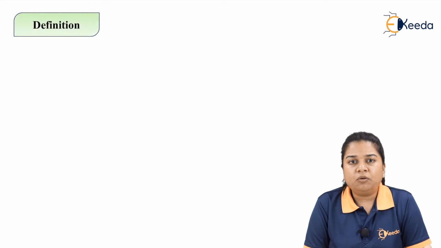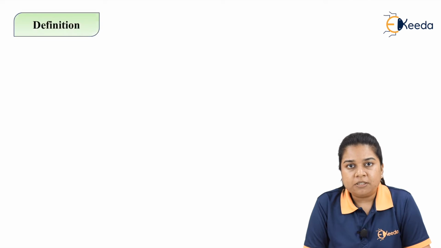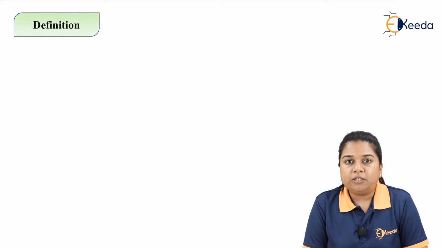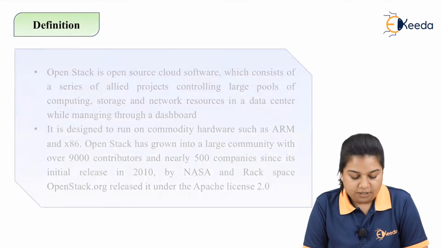What is the definition of OpenStack? We all know what OpenStack is, how it works, what are its features, what are its architectural requirements. Now, what is exactly the definition of OpenStack cloud computing architecture?